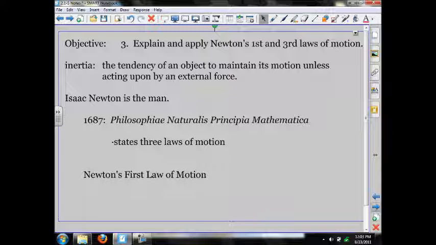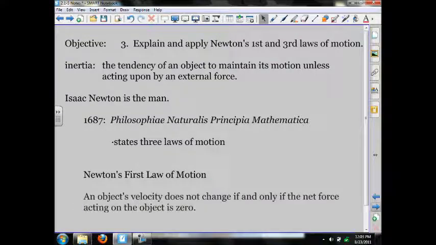Therefore, what does it say? It states it as a law, though. An object that is motionless will remain motionless, and an object that is moving maintains its motion unless acted upon by an external force.